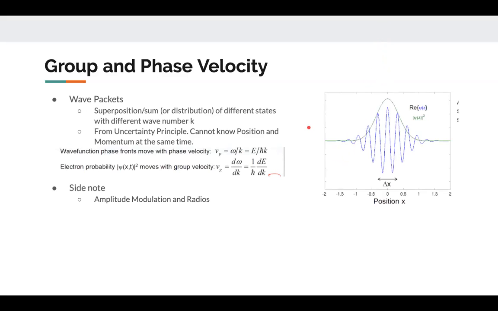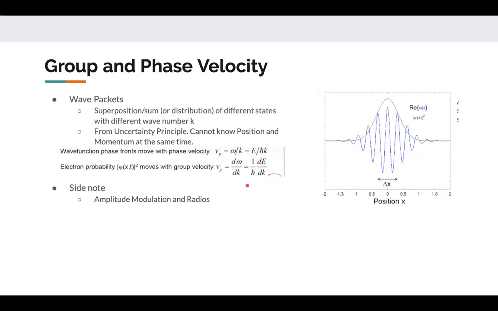So you have group and phase velocity. Basically you have wave packets. Because of the uncertainty principle, you can't know position and momentum at the same time, so you get a bunch of waves with different momentum, and you get a wave packet. The wave function phase moves with phase velocity omega over k.